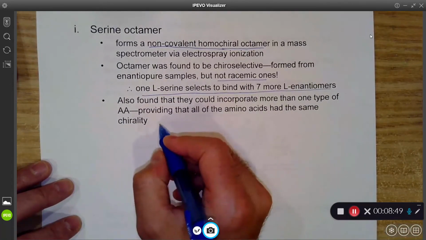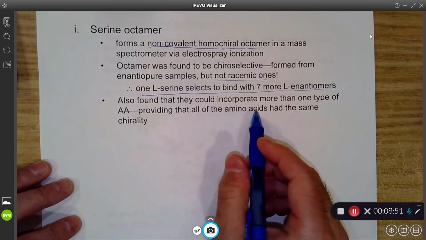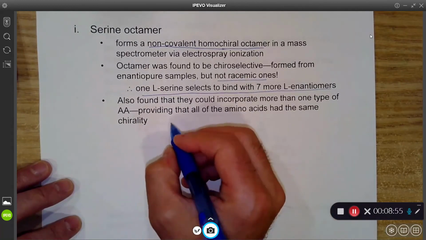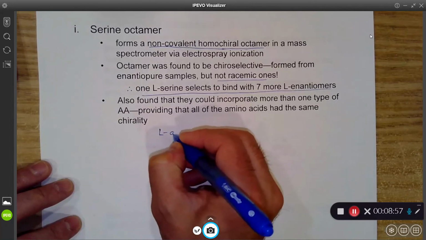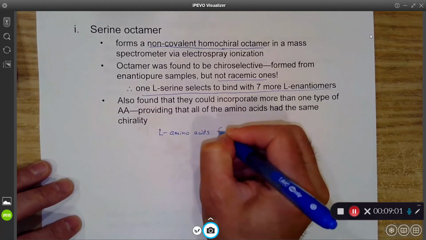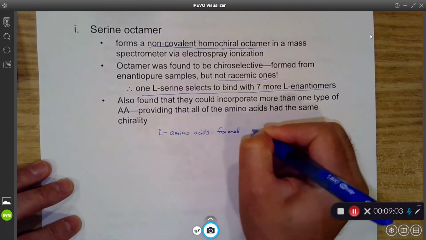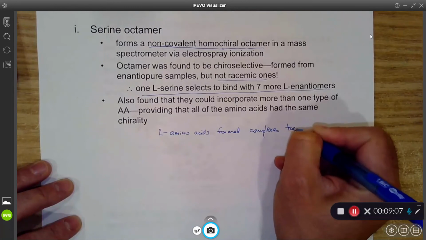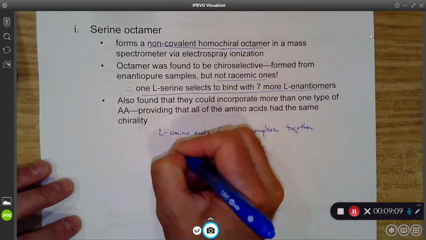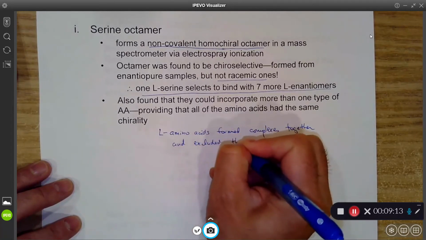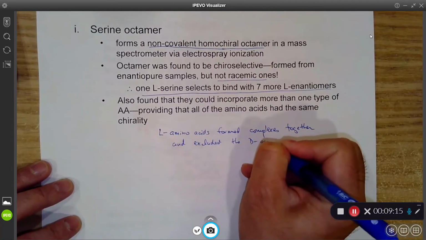They also found that this could incorporate more than one type of amino acid, provided that all the amino acids have the same chirality. The L amino acids formed complexes together and excluded the D amino acids.